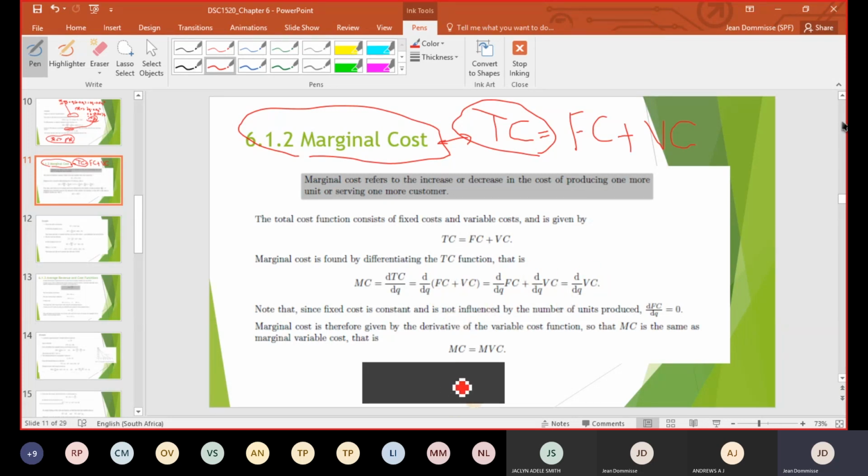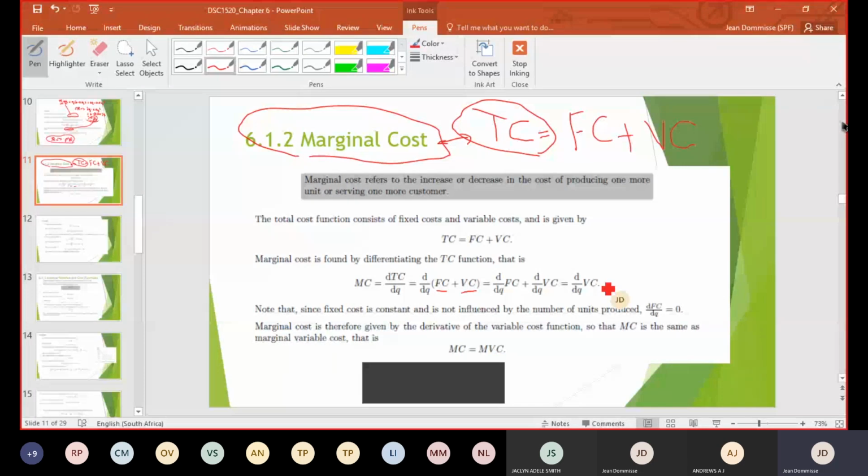So the question now is, what are the fixed cost and variable cost definitions or formulas going to look like? So is it possible that we can, and I know here they say we need to do the derivative of the fixed cost plus the derivative of the other one, but it can be that it's easier to put the two together.